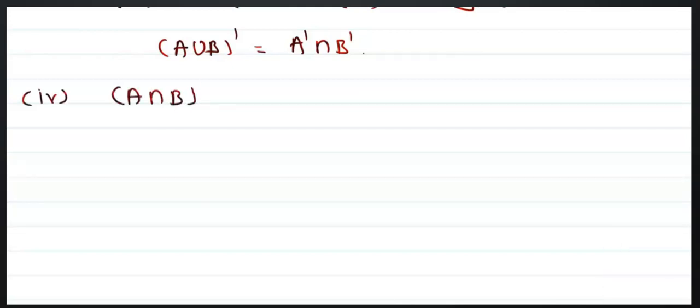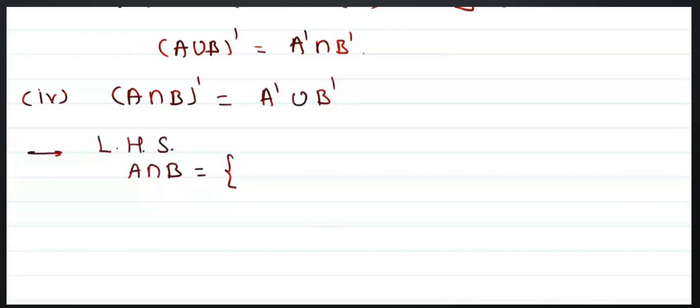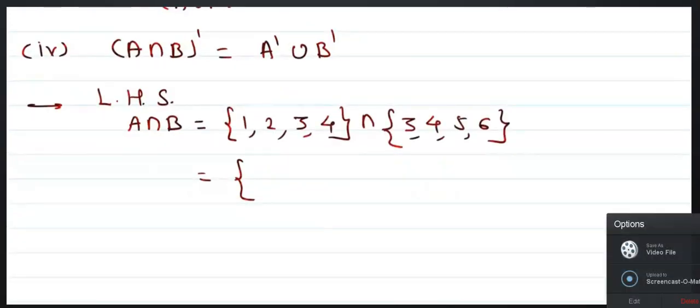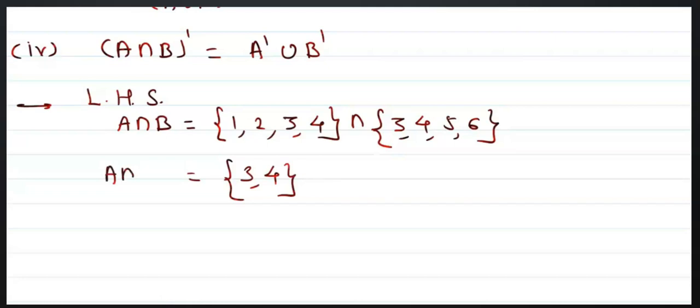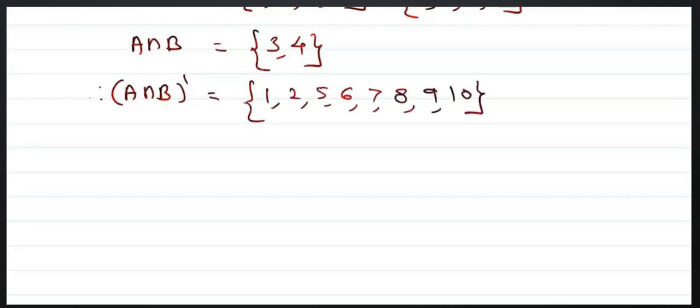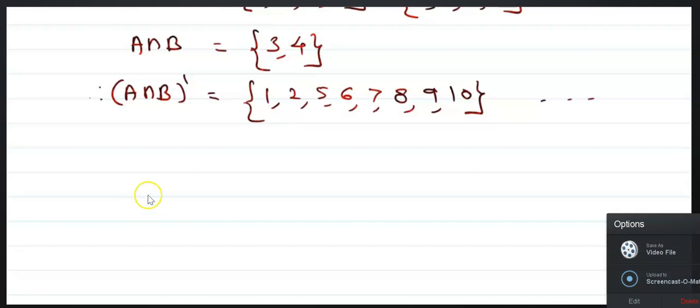Now, fourth one, (A intersection B) complement is equal to A complement union B complement. Now, A intersection B, these are our given sets, and 3, 4 is the common element. Therefore, (A intersection B) complement is equal to 1, 2, 5, 6, 7, 8, 9, 10.